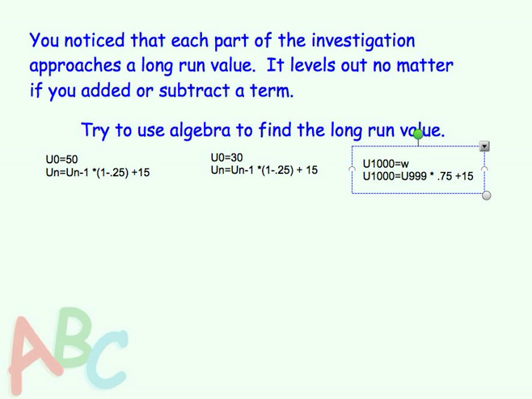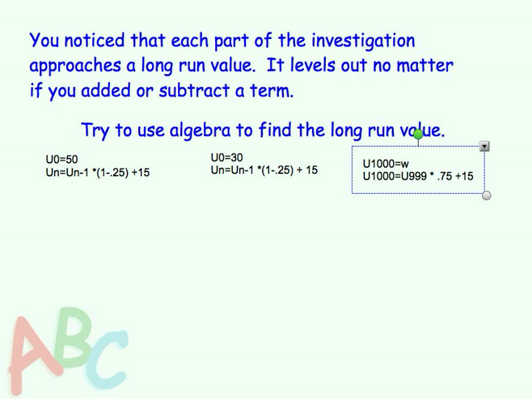The 0.75 right here came from the 1 minus 0.25, and the plus 15 is just what the giver gives. If it stops at W, then the term before that would also be W, meaning that it levels out already. It doesn't change anything anymore.